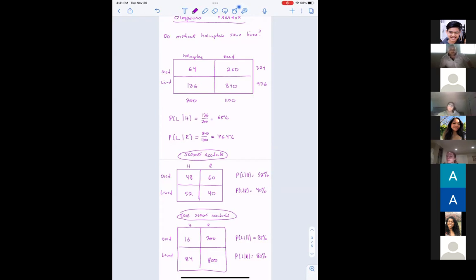If I were to average those, you might think it's 60%, but it's not. Why is it not 60%? Because the number of less serious ones is 1,000, and the number of serious ones is 100, which means the average is weighted significantly more towards 80, which is why it ends up being 76.4%. It's because of a weighting issue.